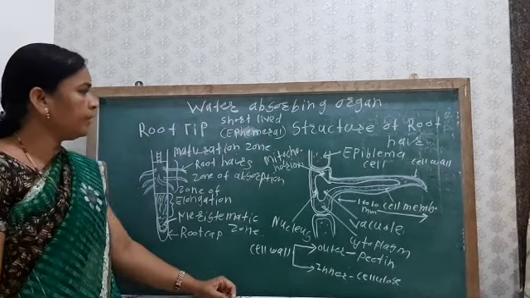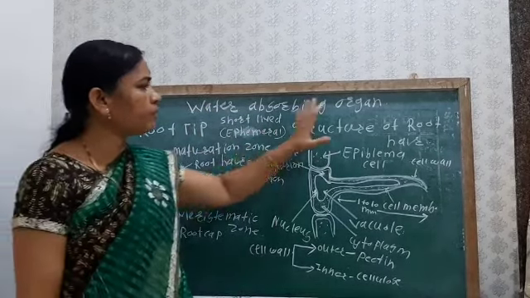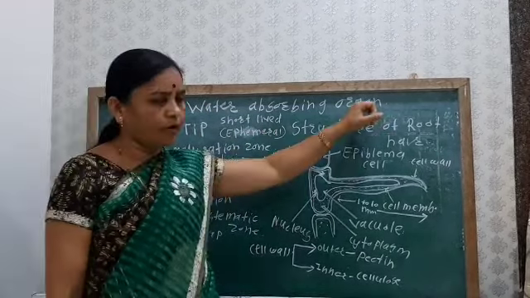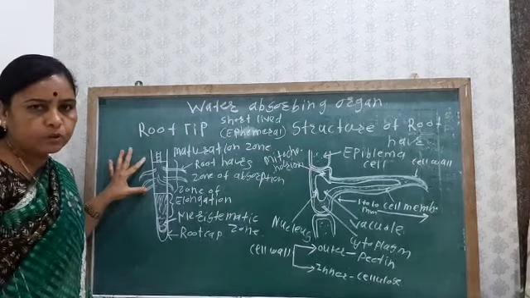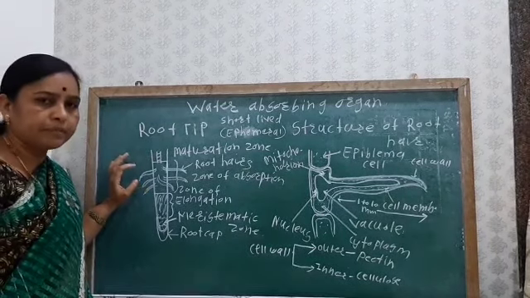Okay, so it is about the water absorbing organ. The water absorbing organ in the terrestrial plant is the root tip. In the root tip there are absorbing regions we have seen, and at this zone of absorption only the root hairs are present.